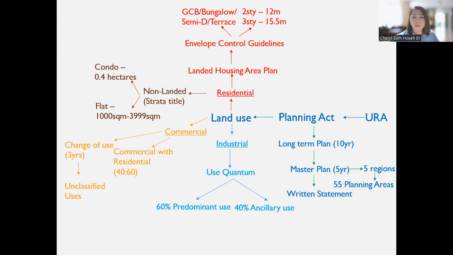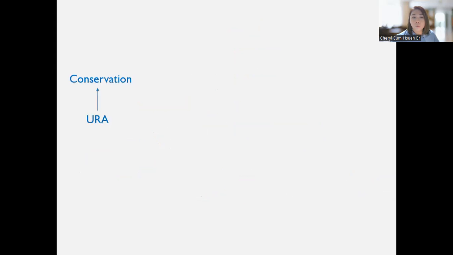Now to continue on, earlier we saw URA also does conservation, right? So conservation is quite simple. It's broken down into historic district, and these are usually referred to as the commercial historic district.